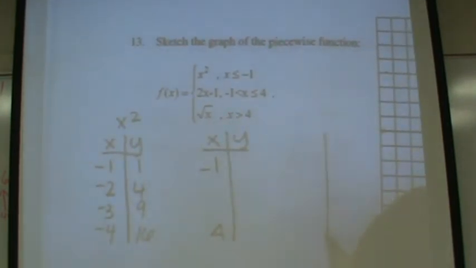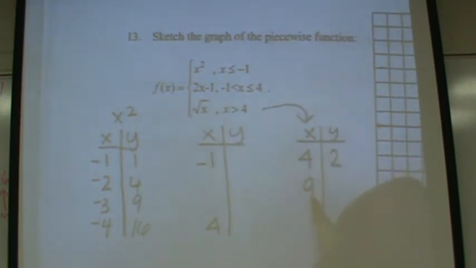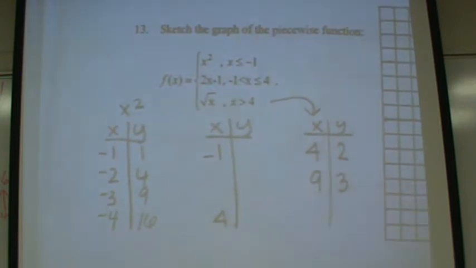And then you do the same thing with square root. You start with 4, the square root of 4 is 2, and the next number you can take the square root of is 9, which is 3. This point would be an open circle, and then connect. Anyone have any questions?